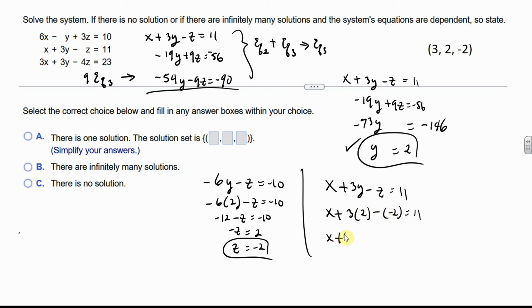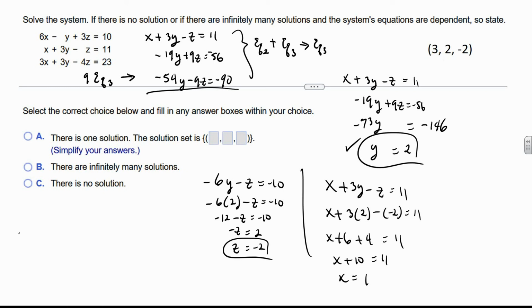So I get x plus 6 plus 4 is equal to 11. X plus 10 is equal to 11. Let's see, I get x is equal to 1. Here I got x equal to 3.